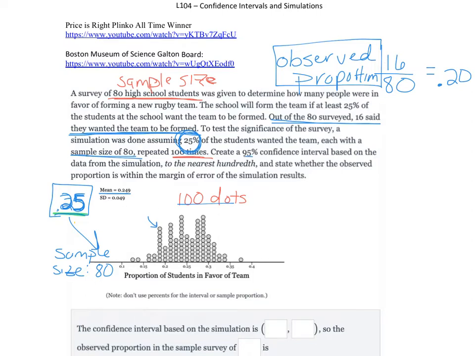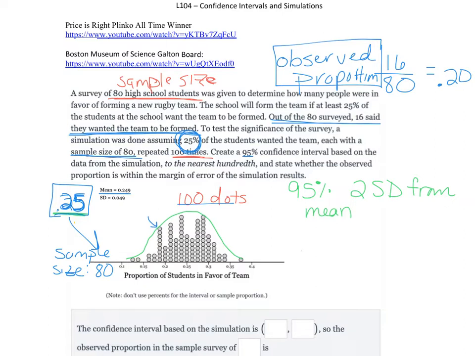So this 95% confidence interval, if you remember from the other video, goes with 2 standard deviations from the mean if we assume that this graph is approximating a normal curve. It's never perfect. If we put more dots on, the more it approaches what a normal curve is, but we're going to use that idea that it's close enough that we're going to use 2 standard deviations.